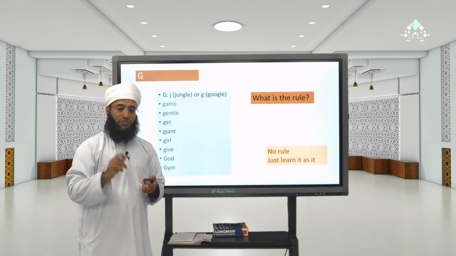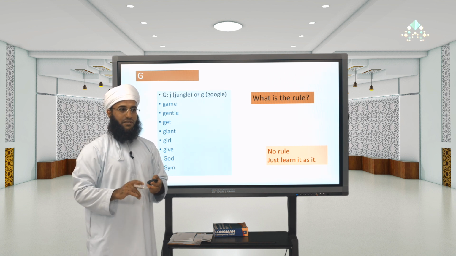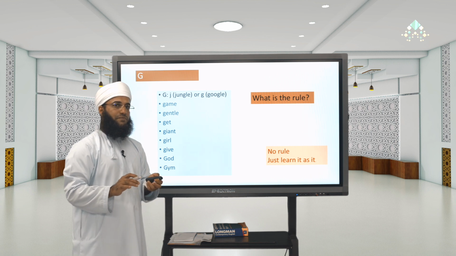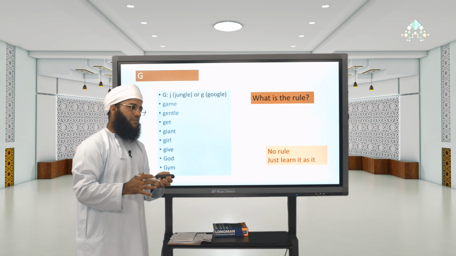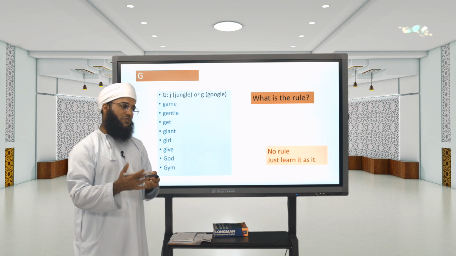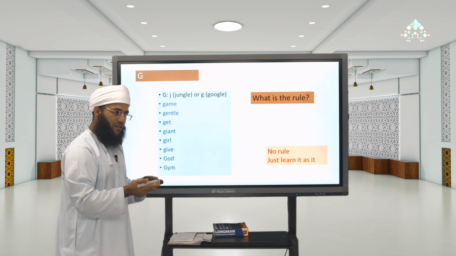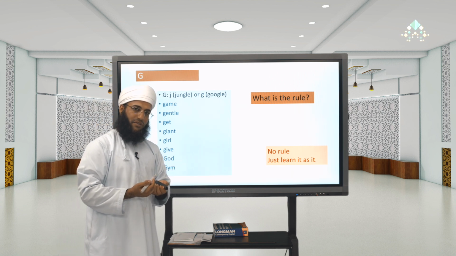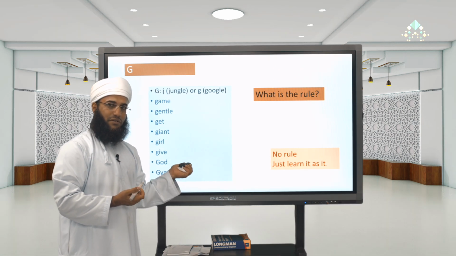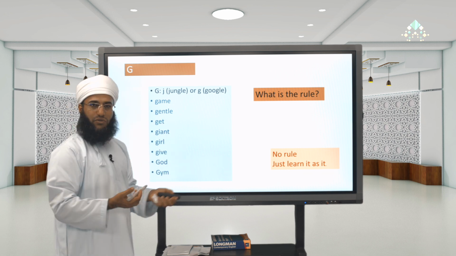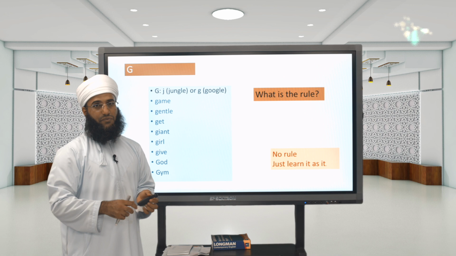You need to just learn it as it is. It's not complicated. It will be more complicated if you try to find a rule for this. But if you just study the words and see how they are pronounced, it will become easier, because you come across words all the time, so you know how they are pronounced.